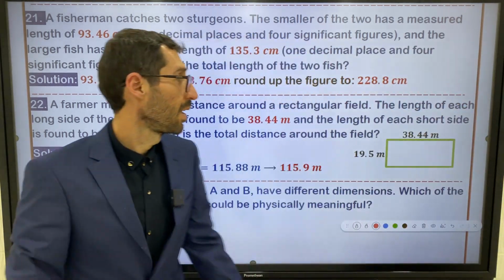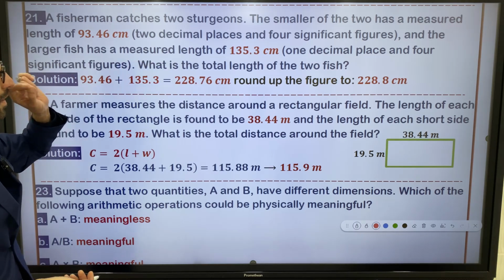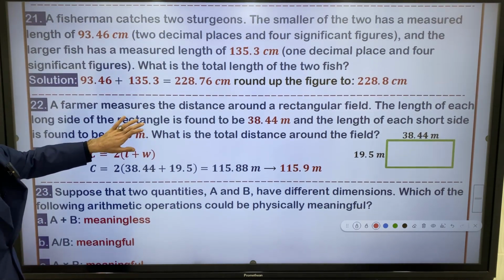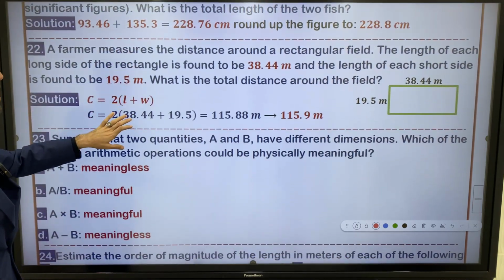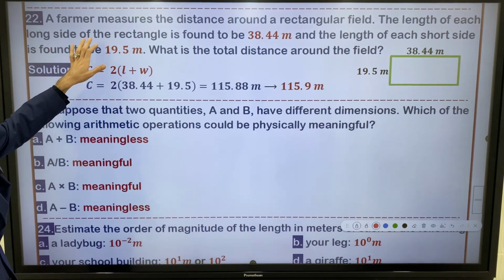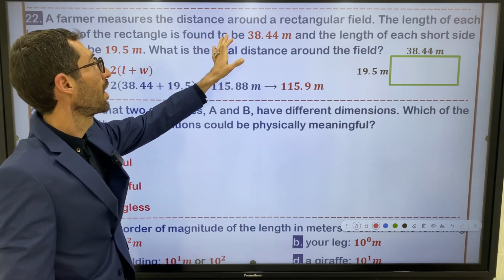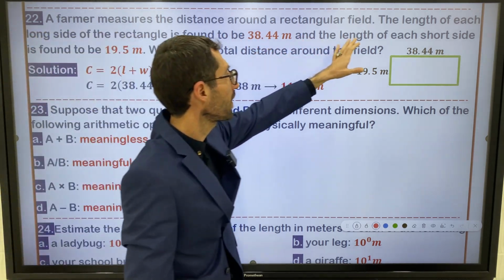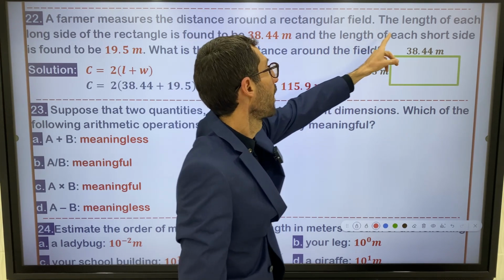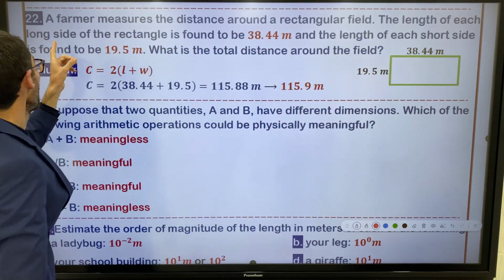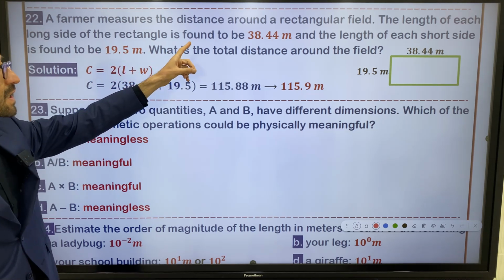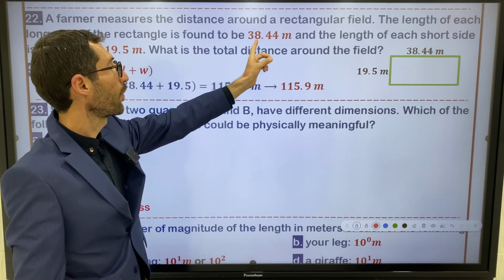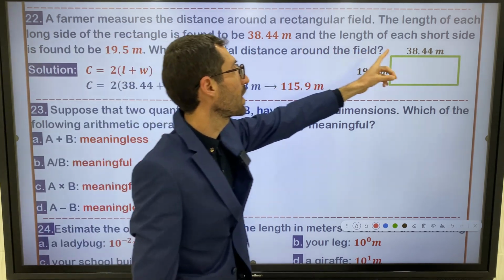That's about question 21. Let's move on to question 22. Question 22: a farmer measures the distance around a rectangular field. The length of each long side of the rectangle is found to be 38.44 meters, and the length of each short side is 19.5.